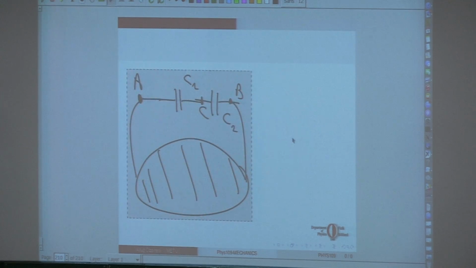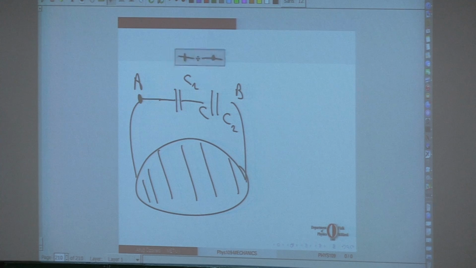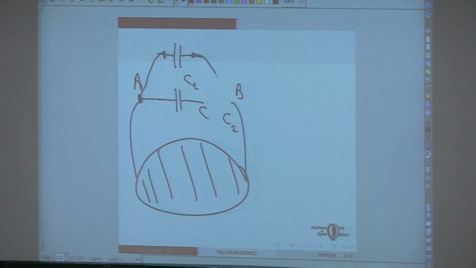This will be the other choice. I can connect this end over here and this end over here. This one also over here. This is what we call the parallel connection.